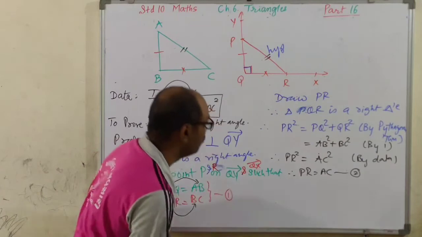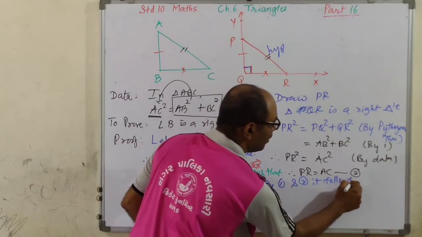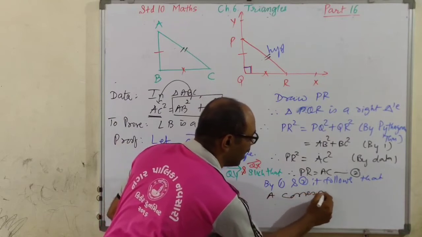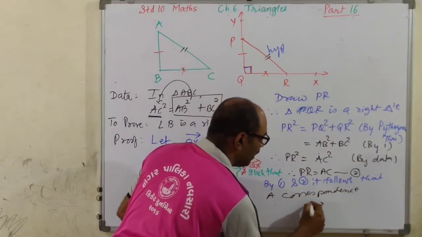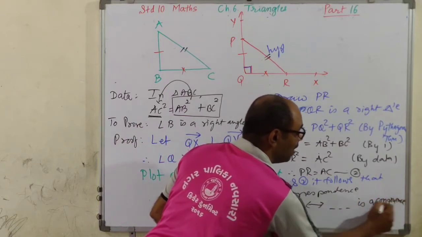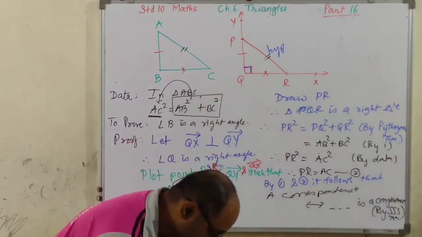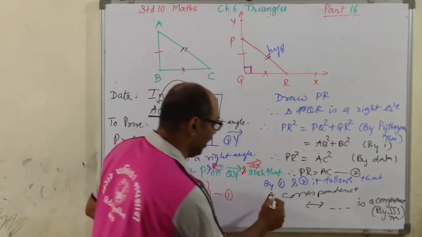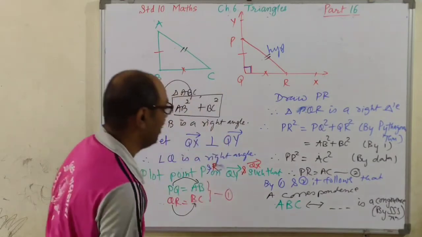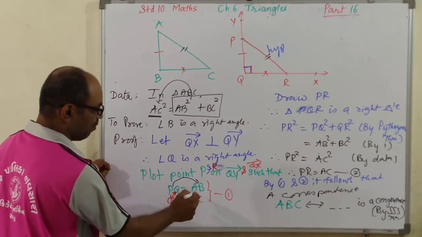So, by 1 and 2, it follows that a correspondence, dash corresponds to dash, is a congruence by SSS theorem of standard 9. Let's write the name of the triangle, ABC, and you need the pairs. Children, what is common in these two parts? Q, and here what is common?